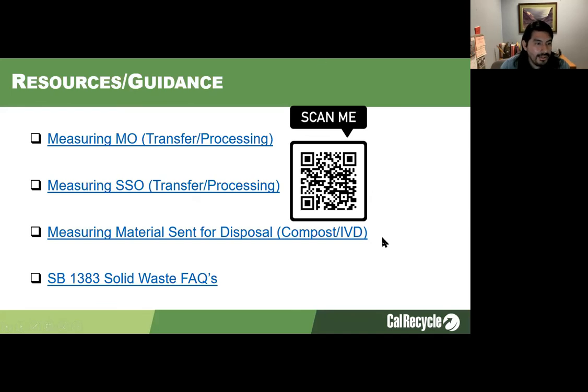So these are the resources that I just mentioned. If you have a phone, you can scan that QR code, which will take you to a hyperlink for the LEA Central webpage. If you go down to the news and activities box, you'll find each of these guidance resources: the measurement guides that we had in our slides, Q&As related to the facility portion of the 1383 regulations, and webinar slides from a webinar we conducted in February of this year.